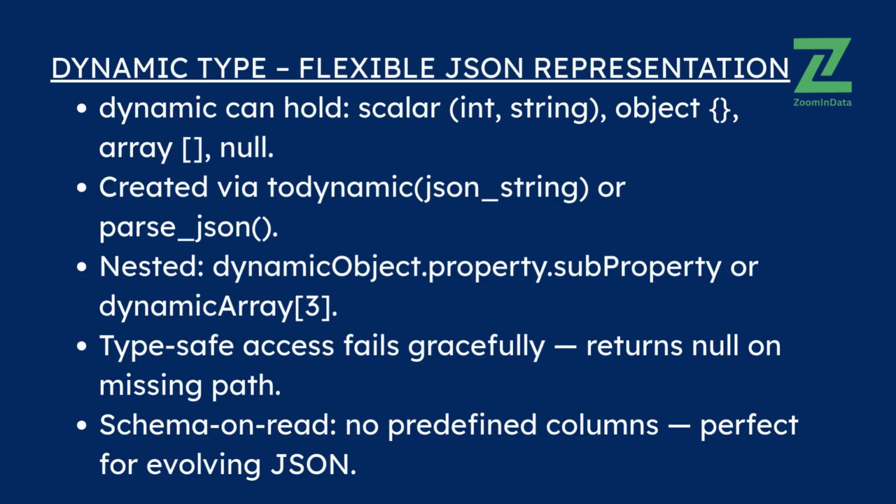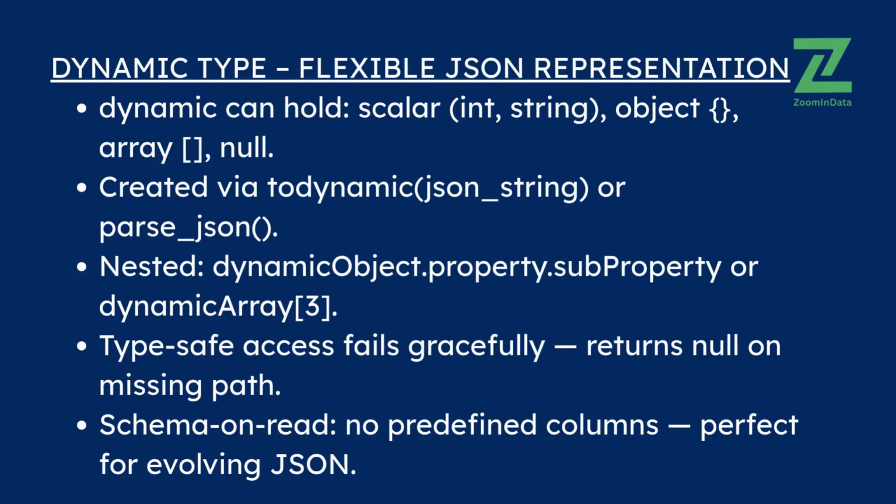You create it with toDynamic on a JSON string, or parse_json on a string column. Access nested values with dot notation for objects, dynamic_object.property.subproperty, or bracket indexing for arrays, dynamic_array[3]. Missing paths return null, safe and graceful, no errors.